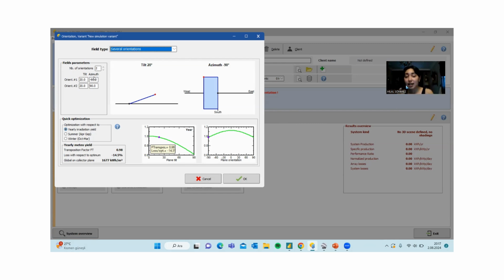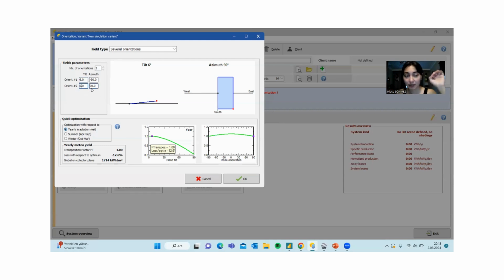In that site survey, they calculate the tilt of the roof and then give that information to the project team.